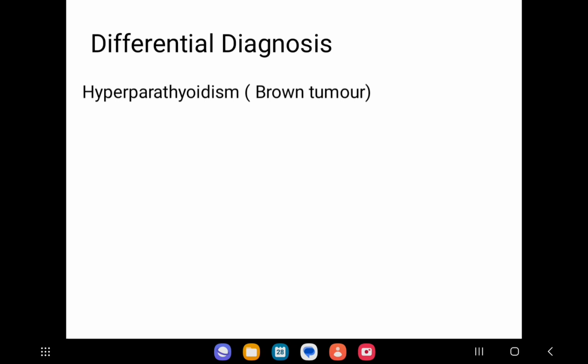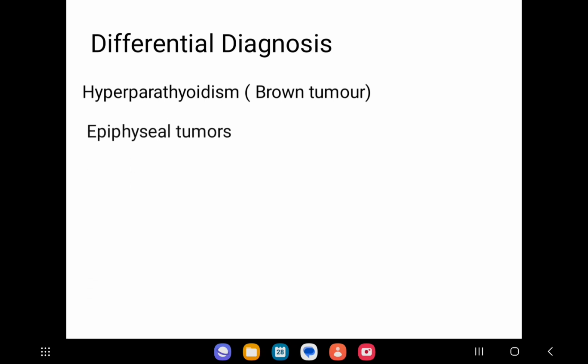In hyperparathyroidism there will be increase in serum calcium level. This way we can differentiate it from the giant cell tumor. Other things where we can find giant cells are the aneurysmal bone cyst, fractures, and chondroblastomas. So these things have to be differentiated from giant cell tumor.